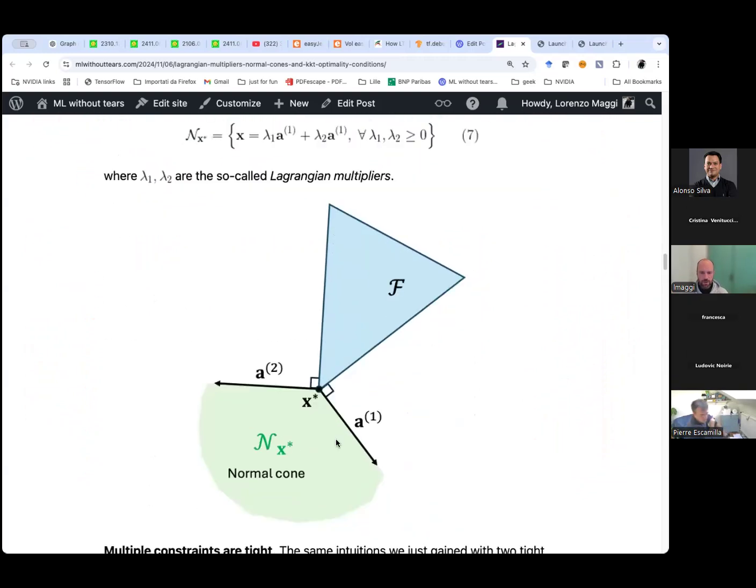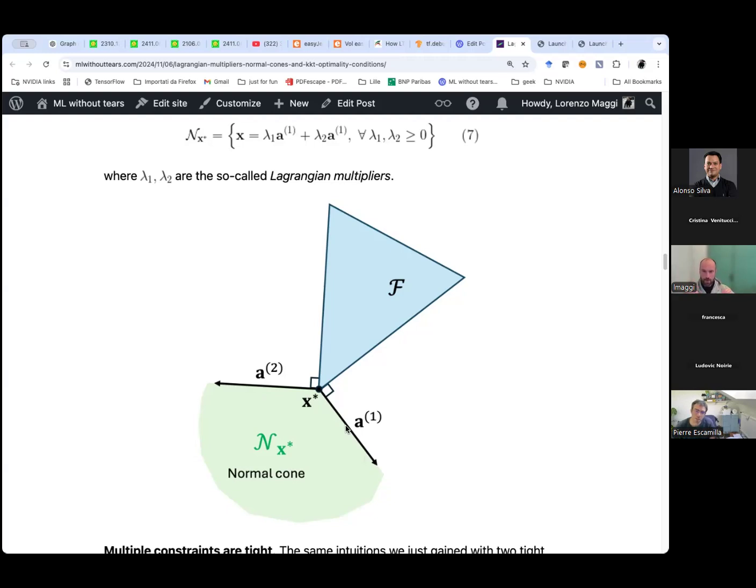Visually we have gotten to a very profound concept: the normal cone at the point that is at the intersection of several constraints is the cone generated by the vectors A that define these constraints.